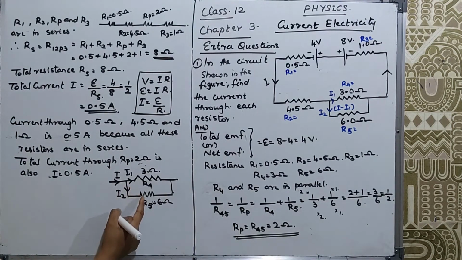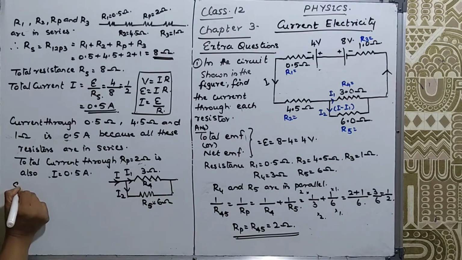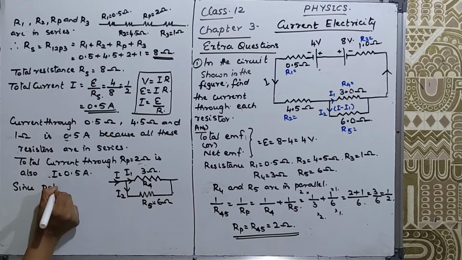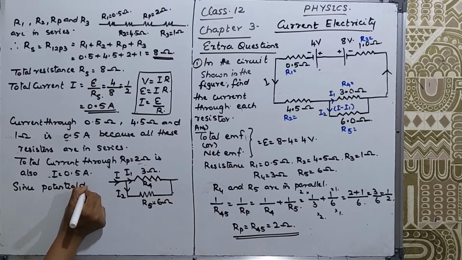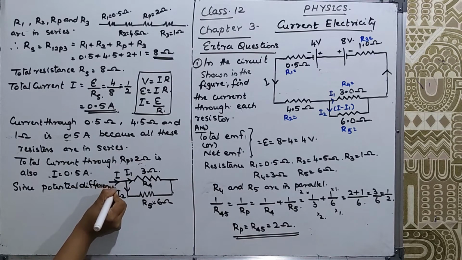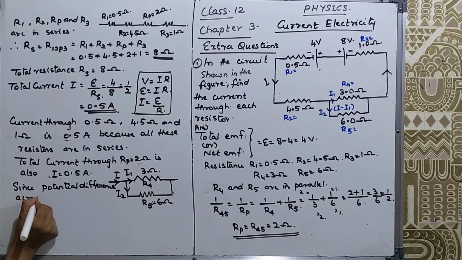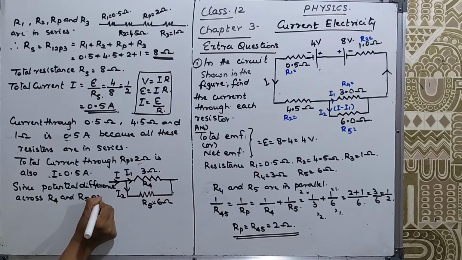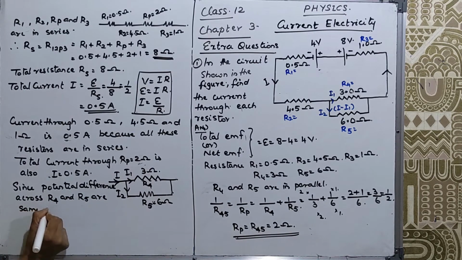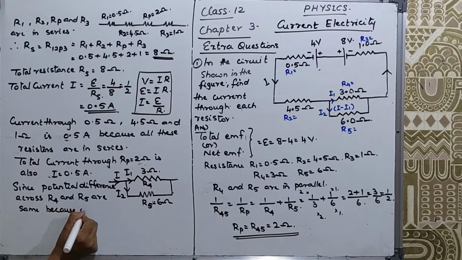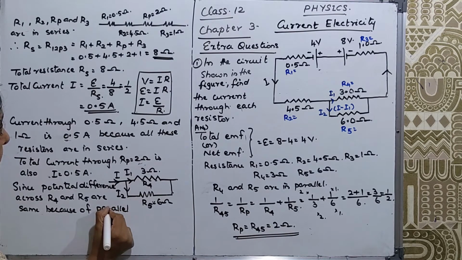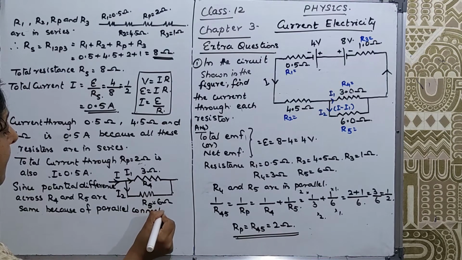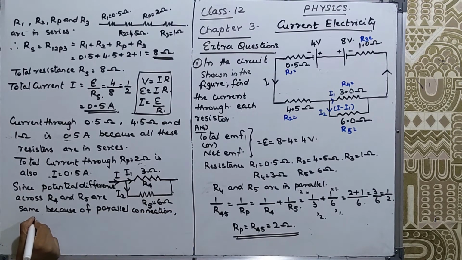Now, the potential difference in a parallel connection will be the same. Since the potential difference across R4 and R5 is the same because of the parallel connection, we'll write V4 equal to V5.